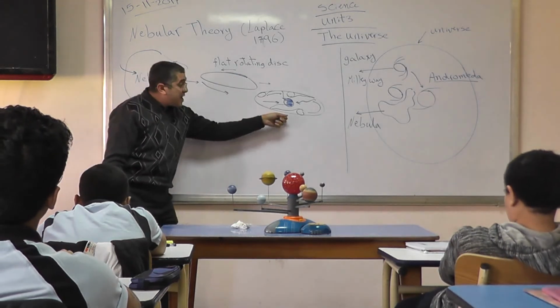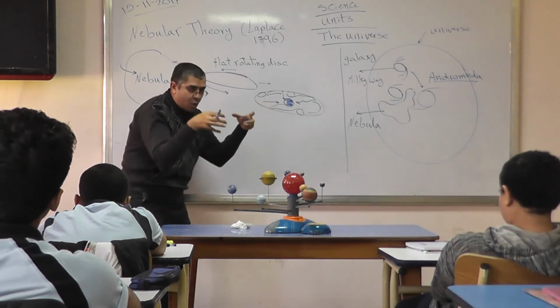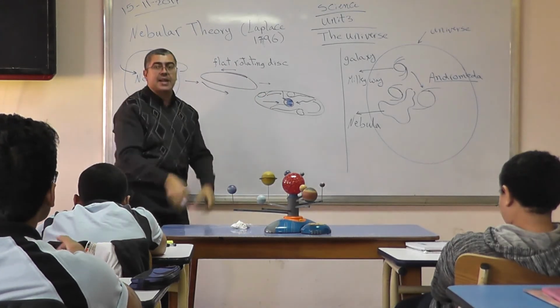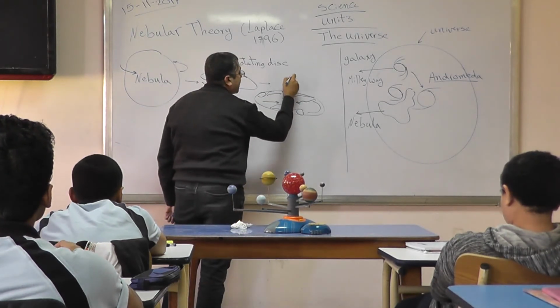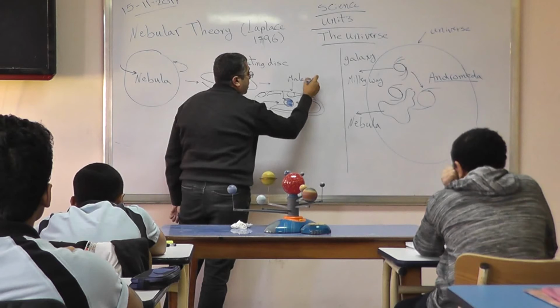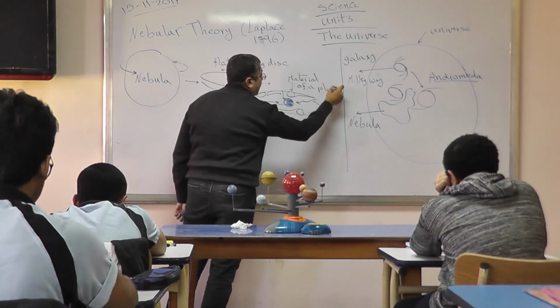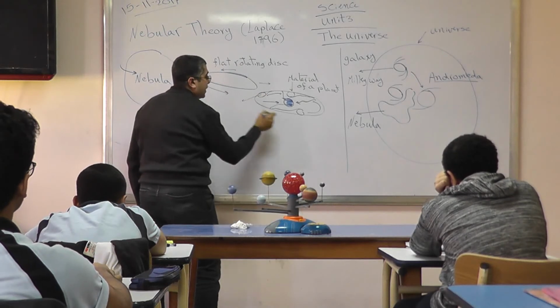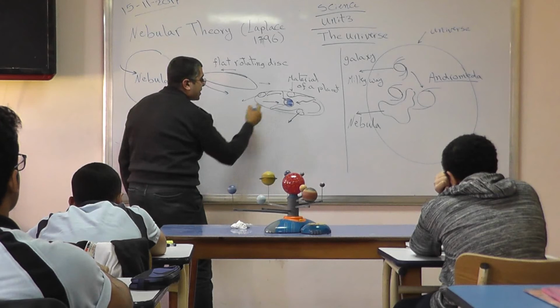After that, it changes into this one. We have condensation and cooling of the materials inside. This is the material of a planet, and the material of another planet, and another planet. Here is the center.